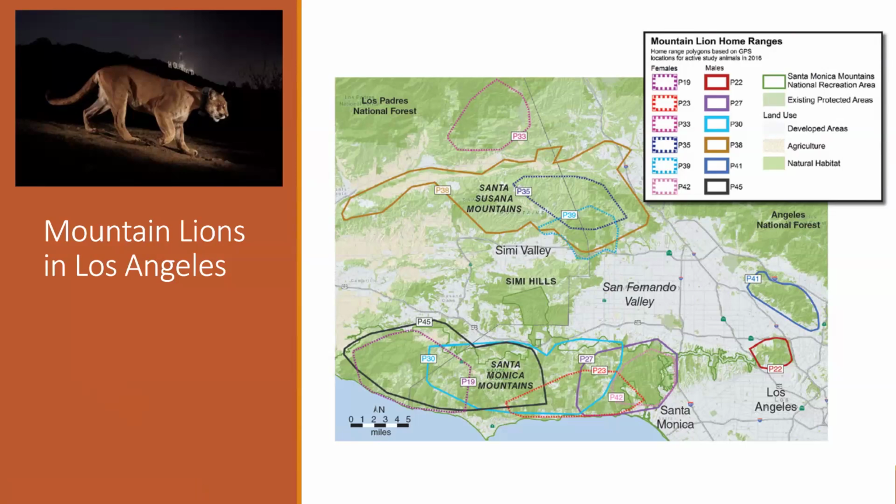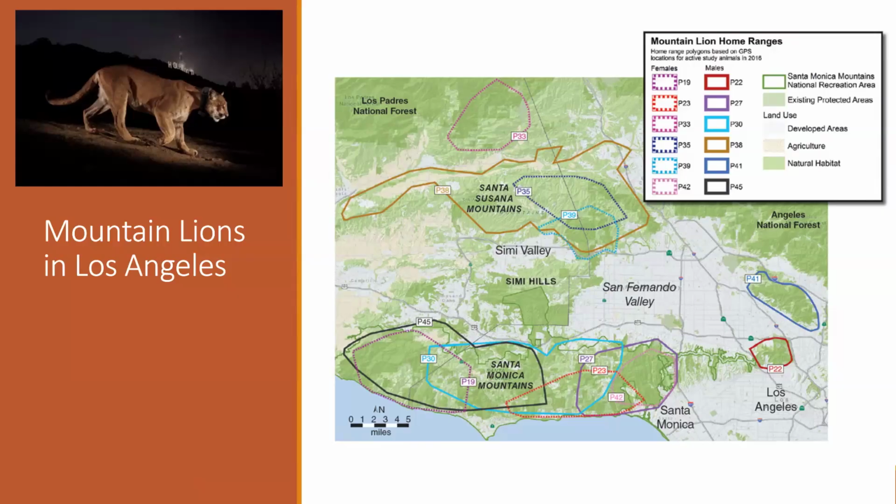All right. So, what I see looking at this figure and using the legend is that there's a fairly small population across this region. There's only 12 animals marked, and it may not be every single one, but that's a pretty small number of individuals. That the territory sizes are enormous.